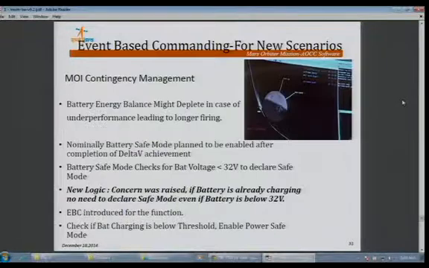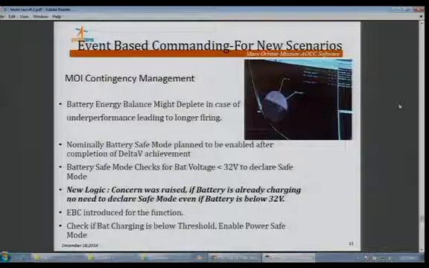Next slide, please. Another important scenario which was not envisaged during our initial phase, the Mars orbit insertion phase, where due to the operation of TWTs and other things and the eclipse region, there were cases where the energy balance may deplete in case of underperformance, which may lead to a longer firing. The AOCC software also had a power safe mode, which we wanted to enable after the Mars orbit insertion completion.